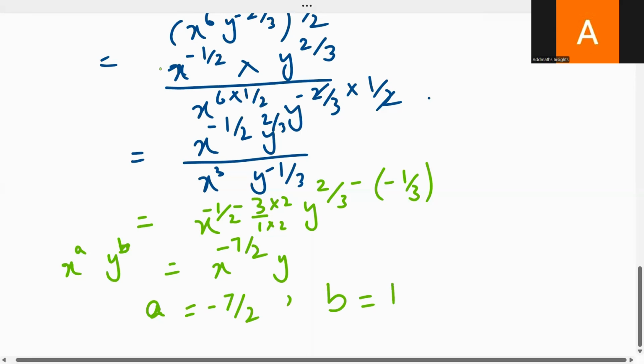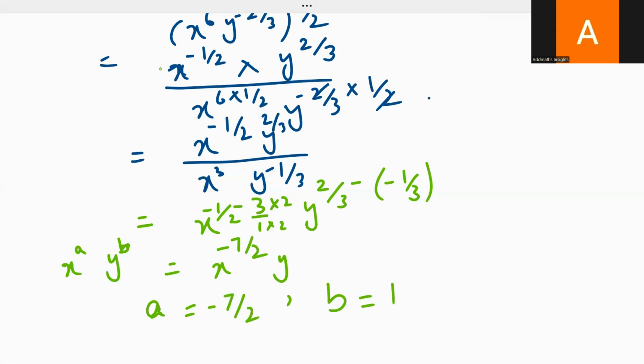So this is how you can find values of unknowns as well when you are given an expression which involves indices. So I solve one more question for you.